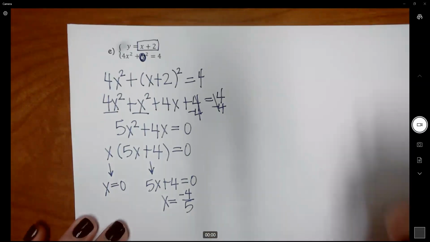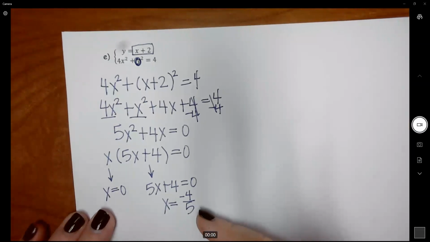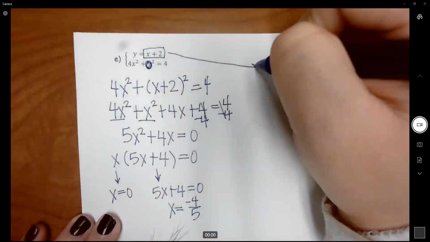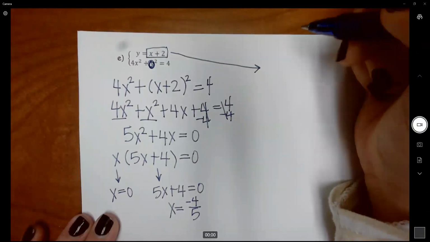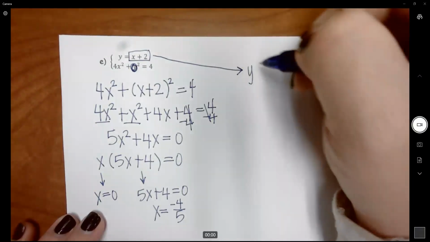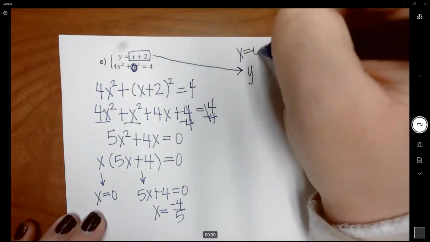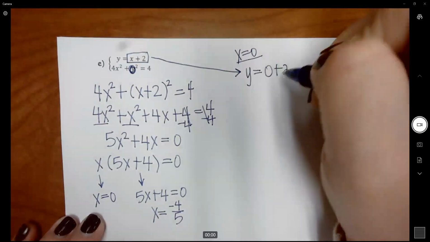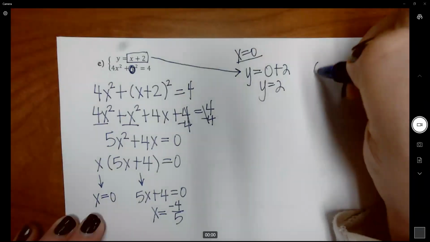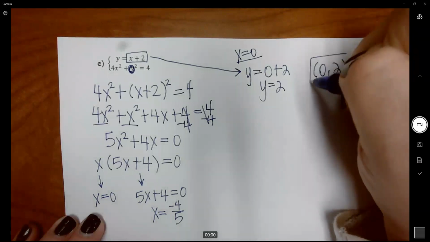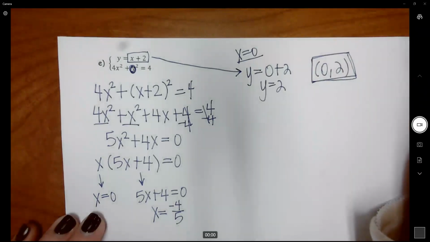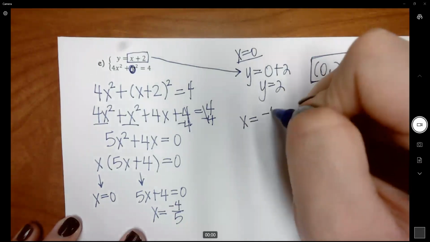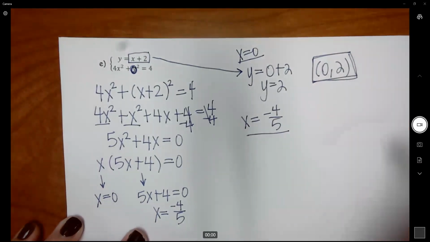So let's substitute these back in to get our y values because I got two x values. The top one is by far going to be the easiest one because it's already solved for y, the variable we need. So when x equals 0, we get y equals 0 plus 2. So y equals 2. So one solution is 0, 2. My second solution is x equals -4 over 5.